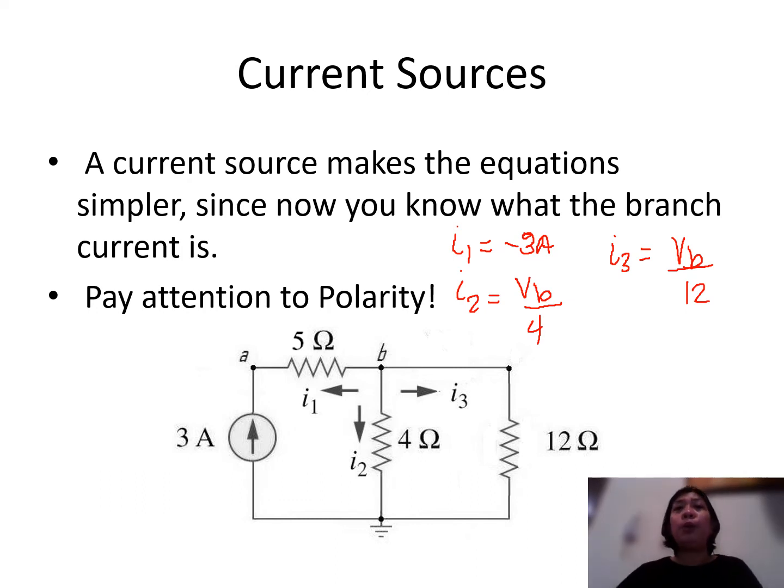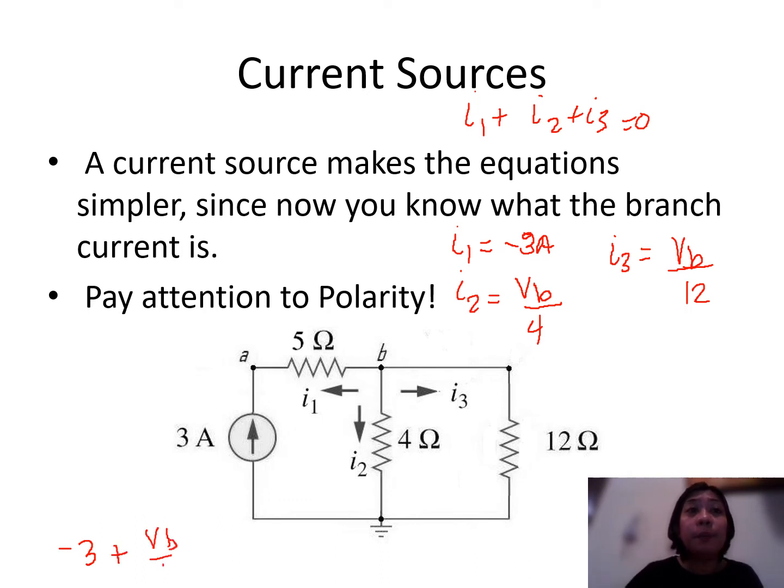Okay, so therefore, if you're going to write your KCL there, it is again I1 plus I2 plus I3 is equal to 0. Rewriting that, that will become minus 3 plus VB over 4 plus VB all over 12 is equal to 0.